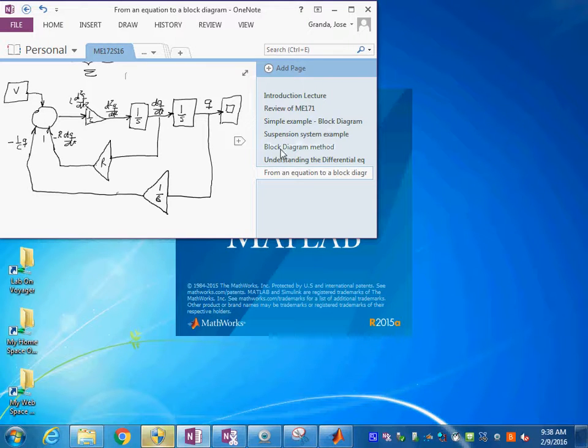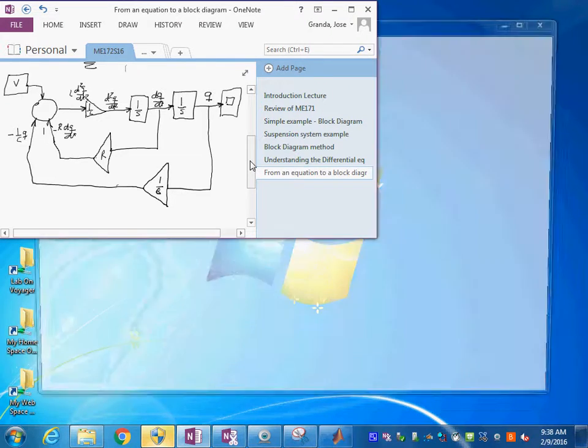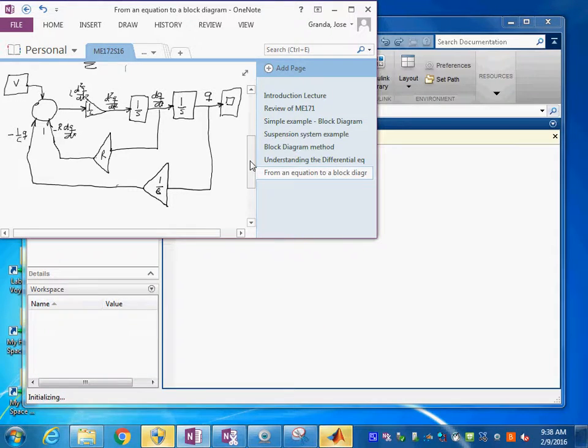For the inductor, 1 Henry. And for the capacitor, 1 farad. Those are easy numbers. So what we need here is, just in case, Simulink.